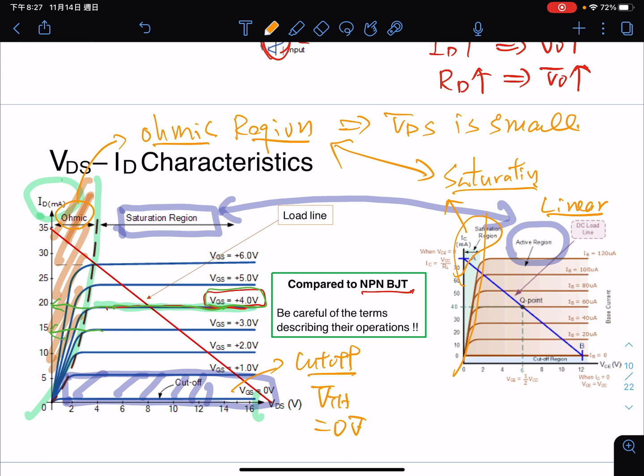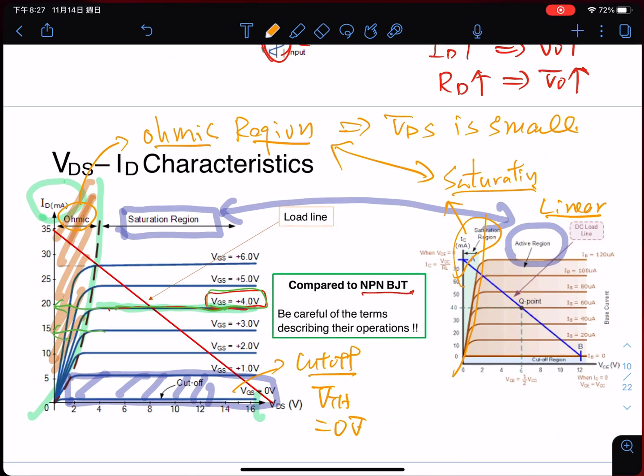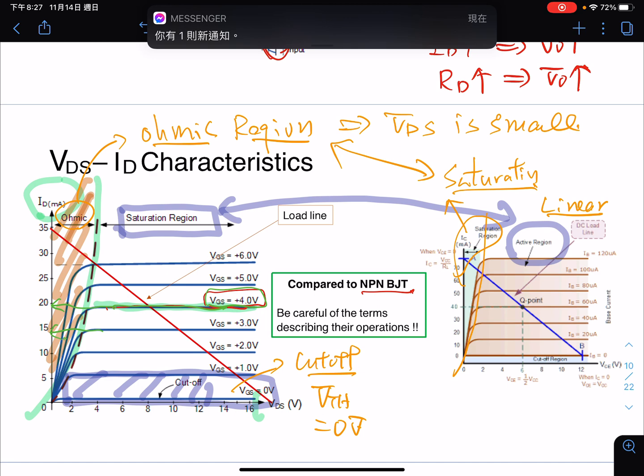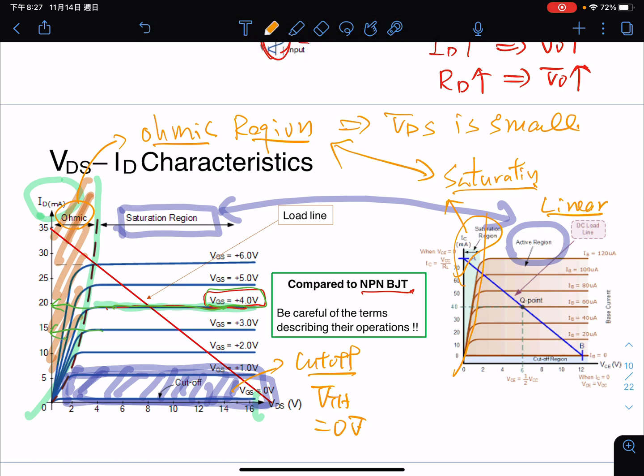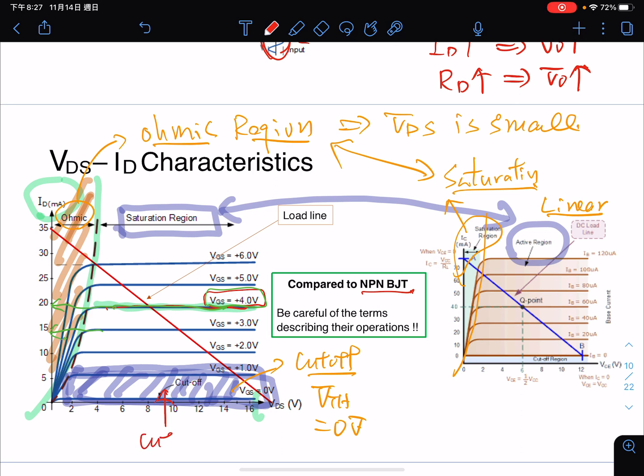So usually, it will be a little bit higher than 0 volt. So we call this one the cutoff region. And this one is very similar to this one. This is the cutoff region.